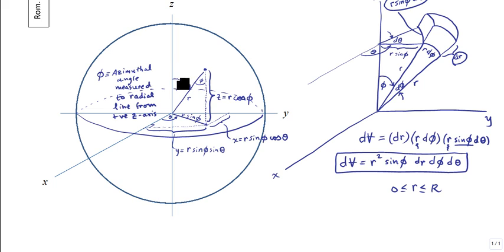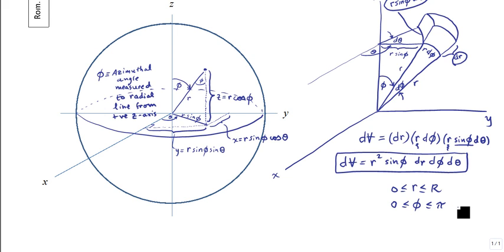The angle phi goes from 0 at the positive z-axis all the way down to pi at the minus side of the z-axis. So phi is from 0 to pi radians.